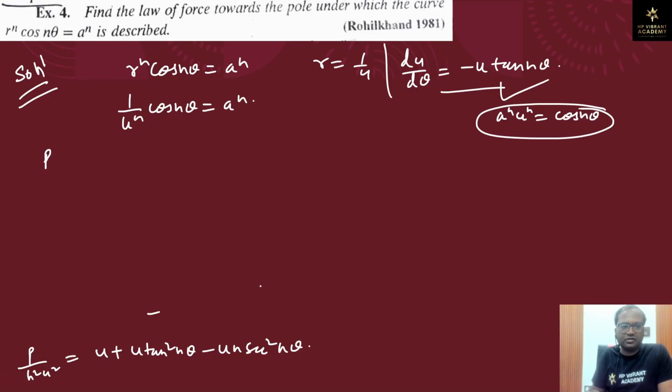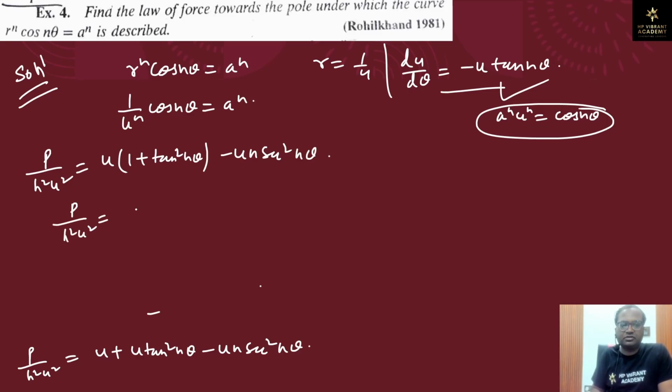So p upon h square u square is equal to, taking u common, u of 1 plus tan square n theta minus un sec square n theta. Since 1 plus tan square n theta is sec square n theta, we have u of 1 minus n sec square n theta.